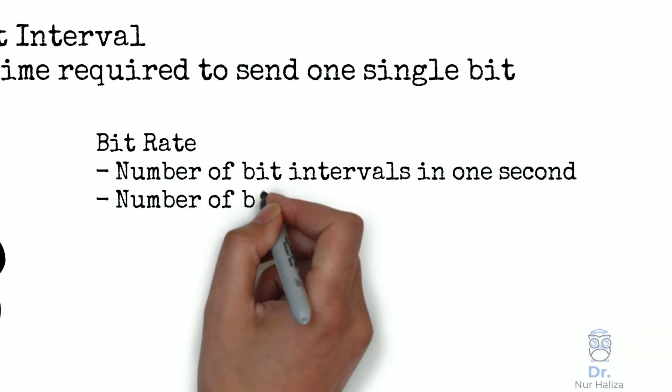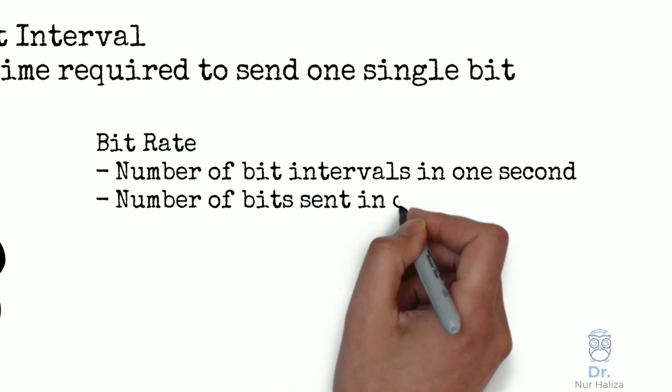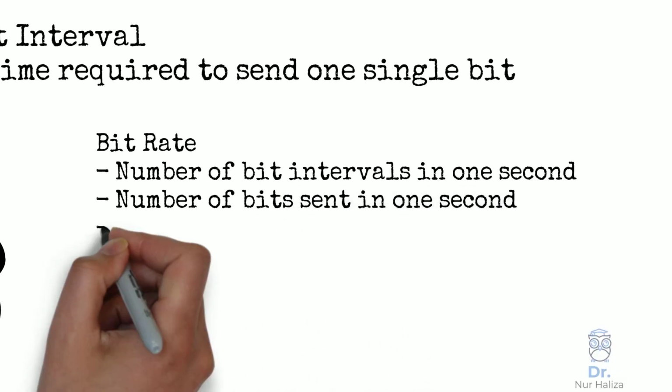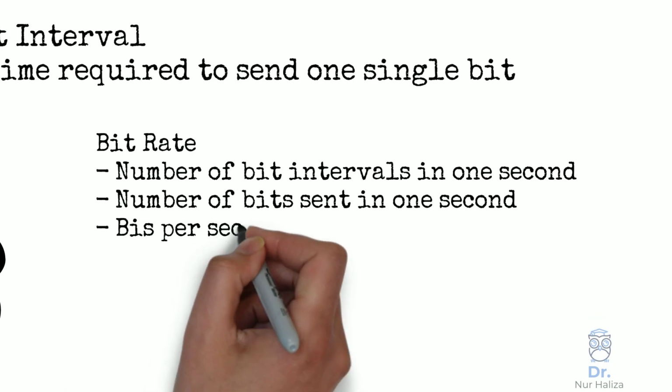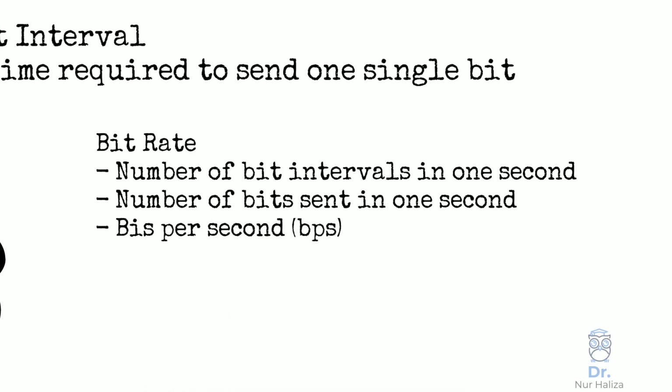The bit rate is also the number of bits sent in 1 second, and it's always expressed in bits per second, bps, or other units can also be used, such as kilobits, megabits, gigabits, and so on.